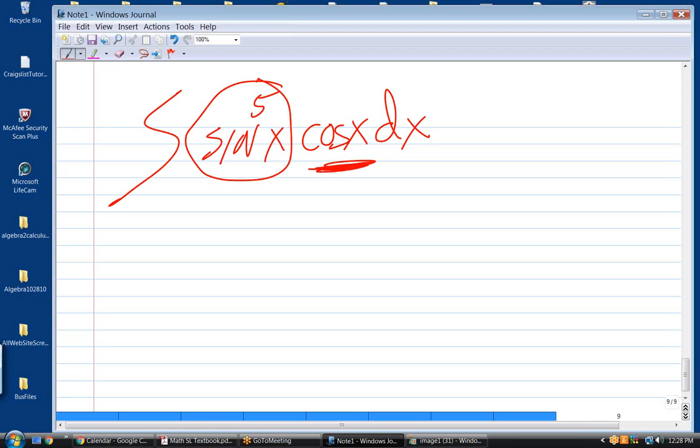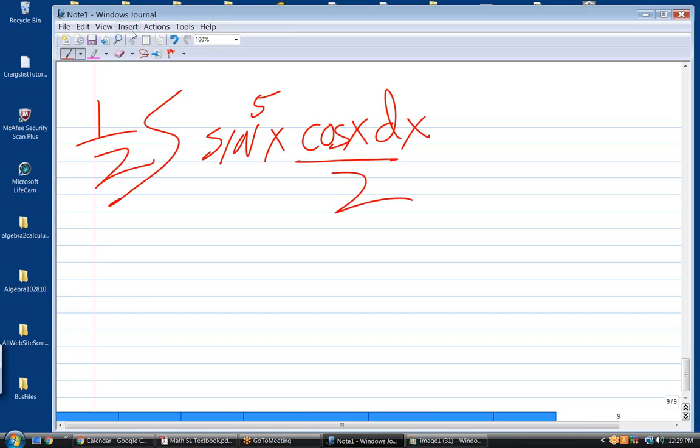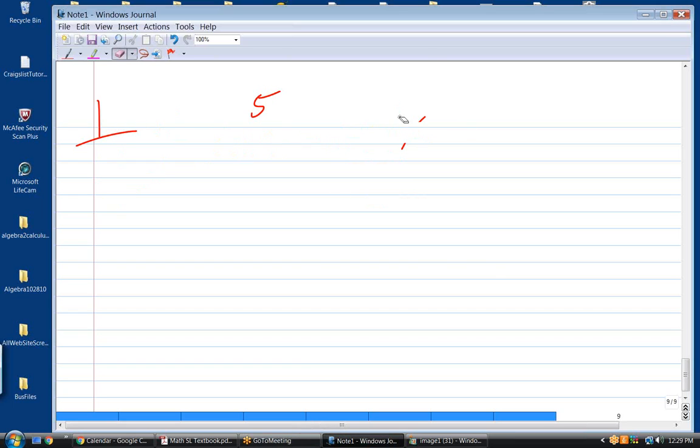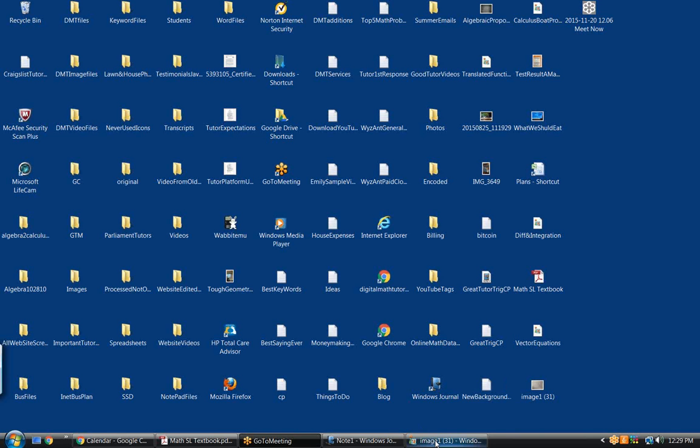And it doesn't matter whether there's a number in front of this or a sign that isn't right, you can always make that right. It doesn't have to be exactly cosine x. If it were cosine x over 2, I'd still be able to handle that because I could take that 1/2 outside. I can make it look like that, and then I've got the perfect derivative right there. All right, let's do some more and see whether you're picking up on this.